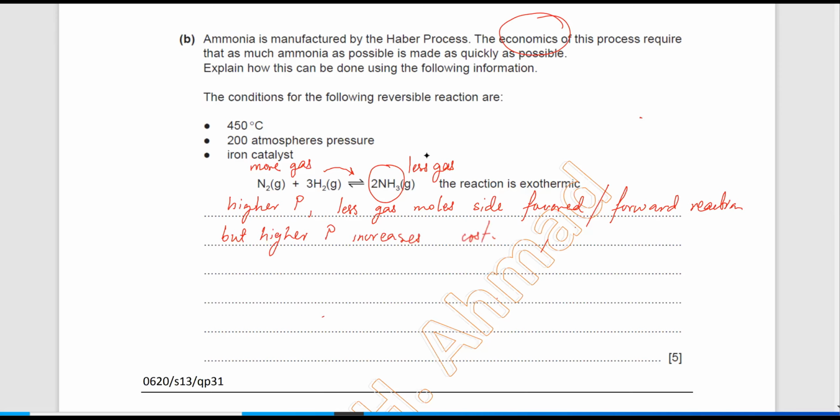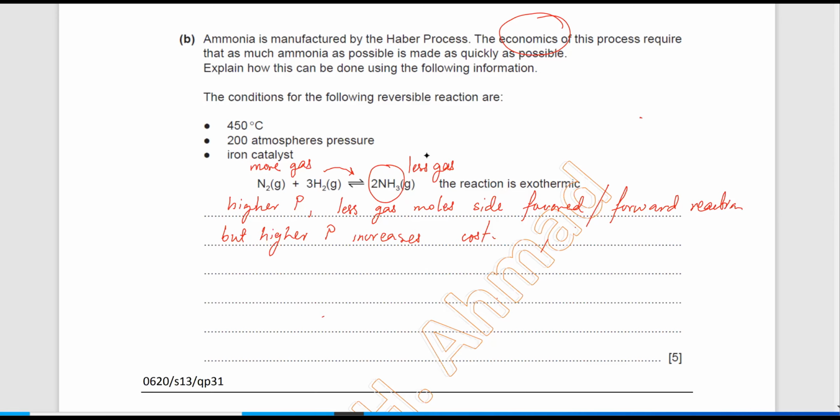So we have a problem there. And you can't use a low pressure because if you use a low pressure, the ulta reaction backward चला जाएगा. And we don't want it to go in the backward direction.